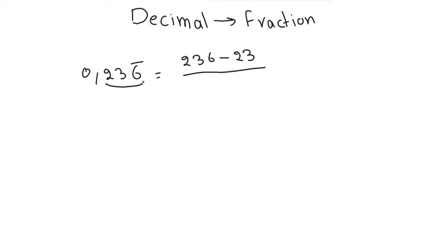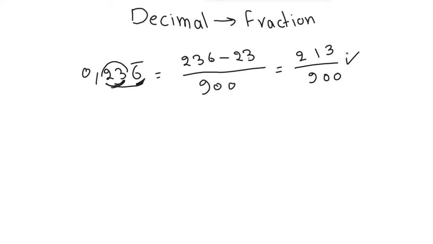Look, all repeated and non-repeated, minus the non-repeated number, we have 23. Instead of these repeated numbers, write 9, and instead of the non-repeated, write 0. The answer is 236 minus 23. It gives us 6 minus 3 is 3, 3 minus 2 is 1, and 2 is here, over 900.